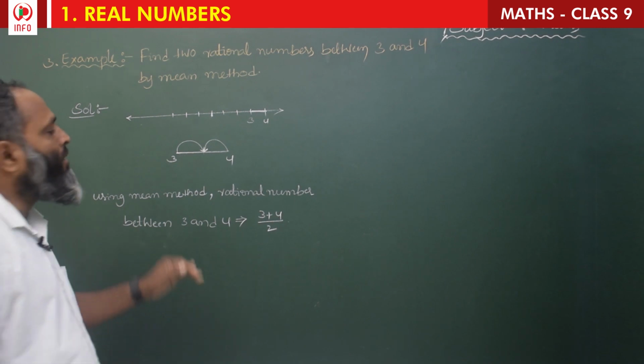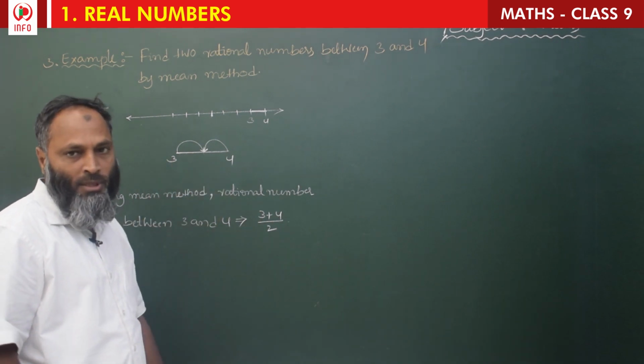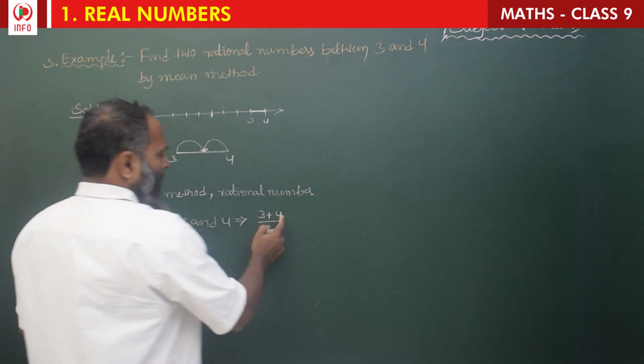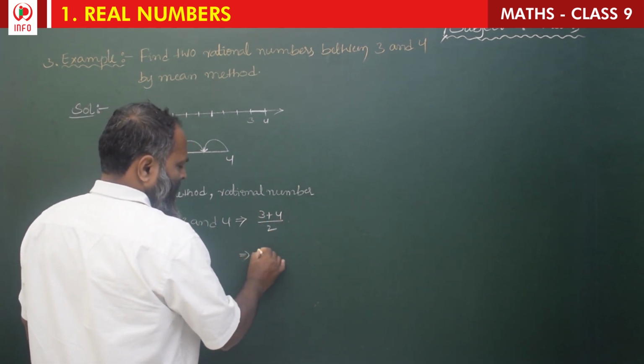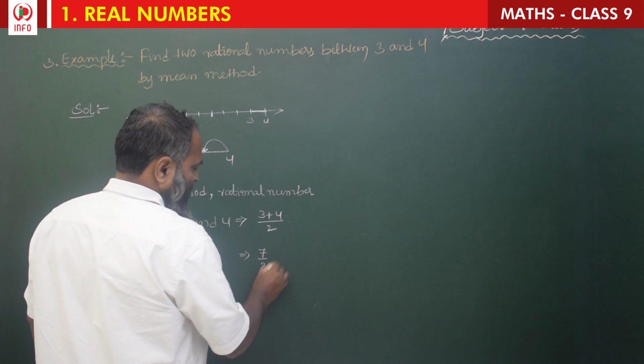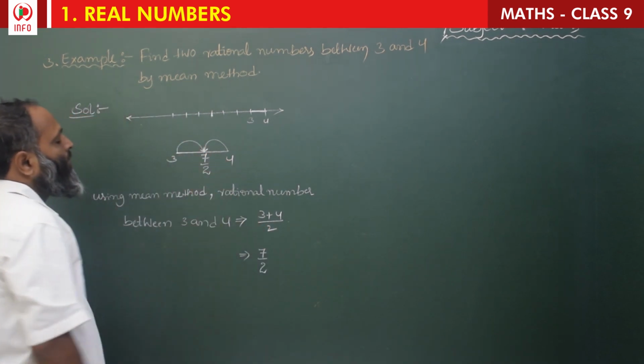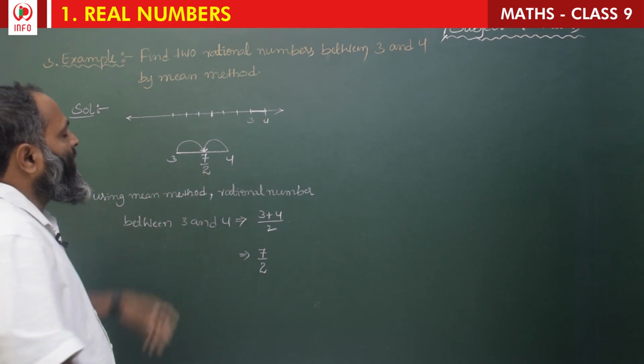Mean means add and divide by how many numbers we take. 3 plus 4 is 7 by 2. So we got one number, 7 by 2, in between 3 and 4. One rational number we got.